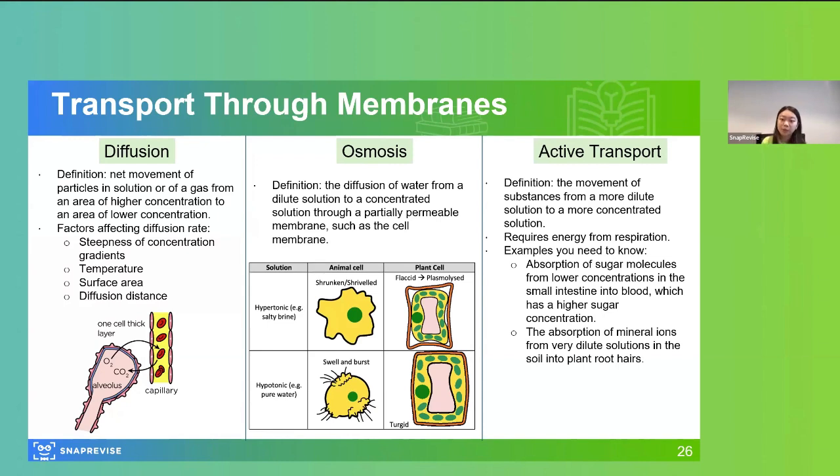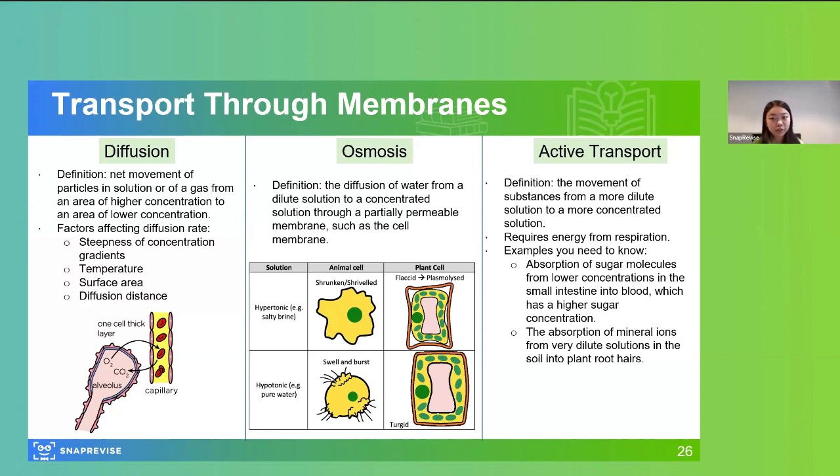This is where people get a little confused because they're very similar. Osmosis is a type of diffusion, and osmosis is movement of water. Osmosis is diffusion of water from a high water concentration to a low water concentration. A high water concentration means a dilute solution, and a low water concentration means a concentrated solution.